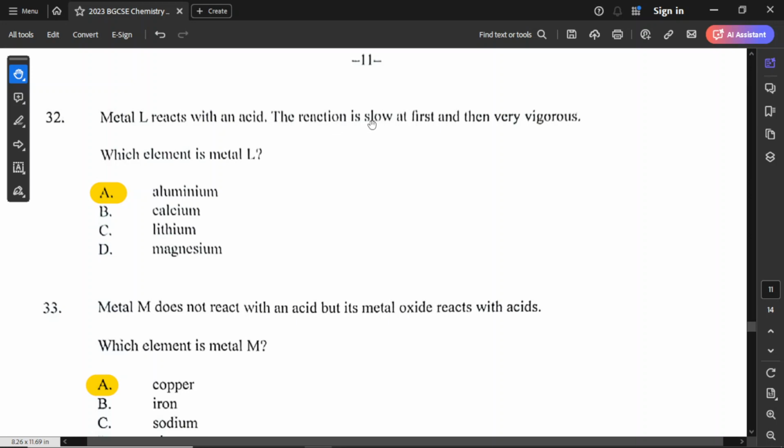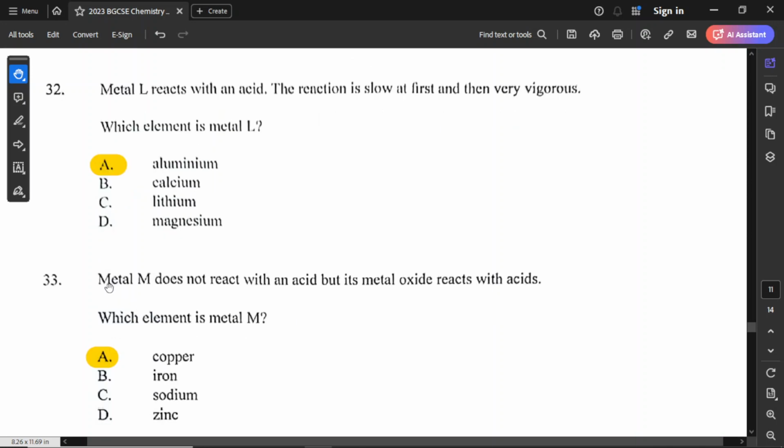The reaction is slow at first and then very vigorous. Which element is metal L? This one is aluminum. Calcium will tend to react a little faster with acid, and lithium and magnesium will start really fast and then become slow as the amount of the substance decreases.